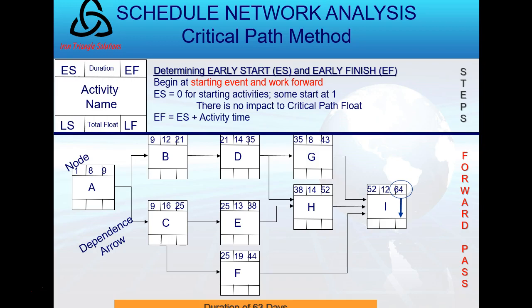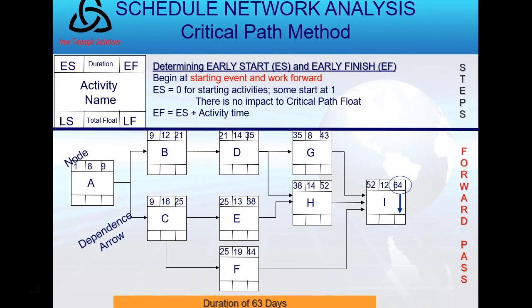So what do you think going back is called? It's called the backward pass, of course. And so the duration here, since I started on day 1 in node A and end on day 64, I have a 63-day duration. And we just went through the math on how we got there.